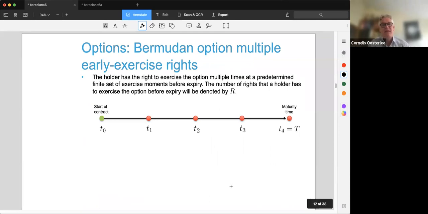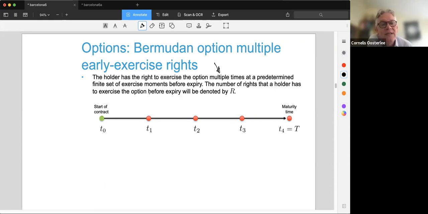Now we go to the multiple exercise rights. The holder of a Bermudan option with multiple exercise rights, that is not so much an option which exists, well, it does exist, but it's more exotic, but it is a stepping stone towards these electricity options. So now we say the holder has the right to exercise the option multiple times at a predetermined finite set of exercise moments.